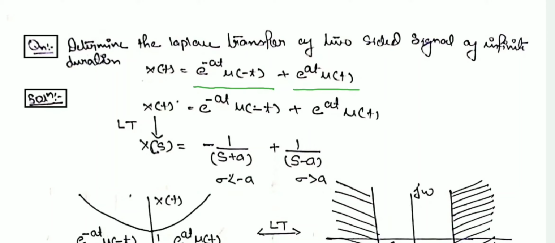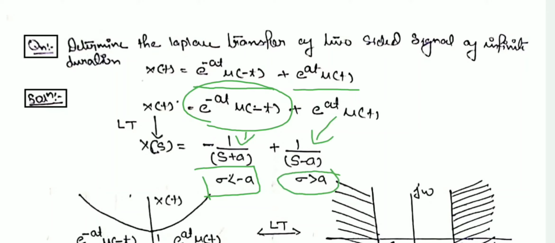When we find the Laplace transform of this signal, it produces minus 1 upon s plus a, and as the signal is left-sided, the ROC is also left-sided, sigma is less than a. Similarly, this one is a right-sided signal, so the ROC should be sigma greater than a.